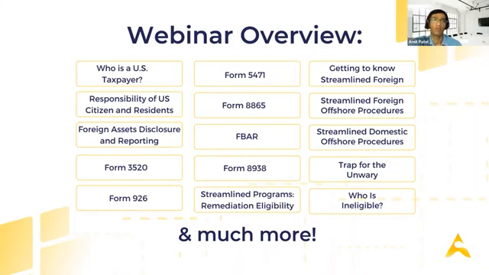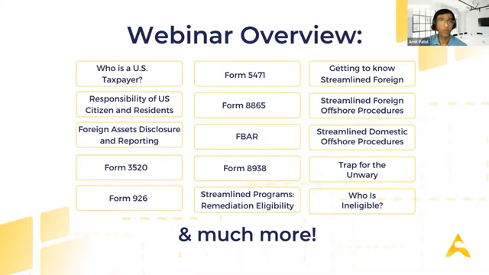If you are one of those who have missed out on filing any of the international filing and reporting requirements, for which penalties are very huge, as we will see in a few of the slides, today's webinar will help you understand some of the important aspects of the tax consequences and possible options where you can be tax compliant without incurring any penalties, or depending upon your situation, maybe minimum penalties, where you can qualify for either the streamlined domestic compliance procedure or the streamlined foreign compliance procedure.